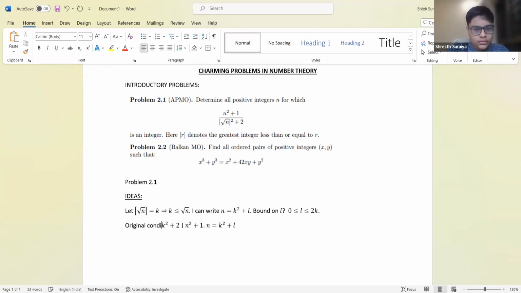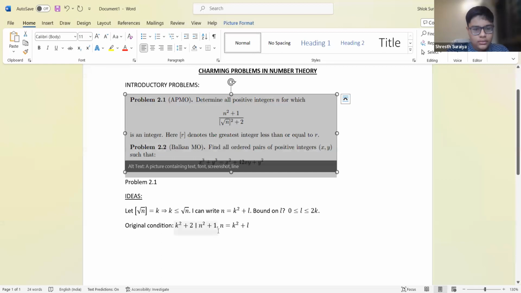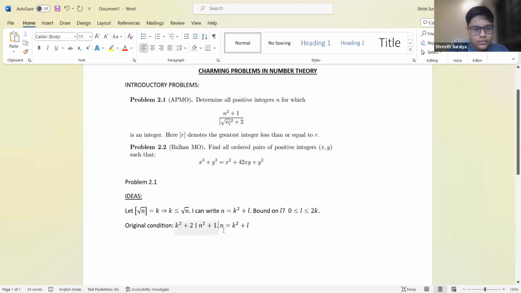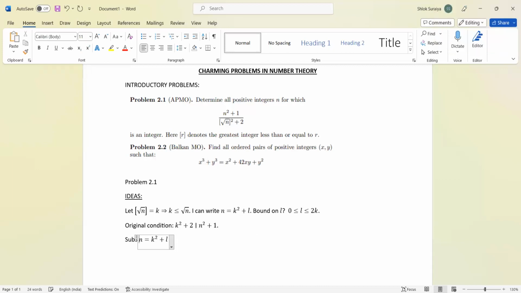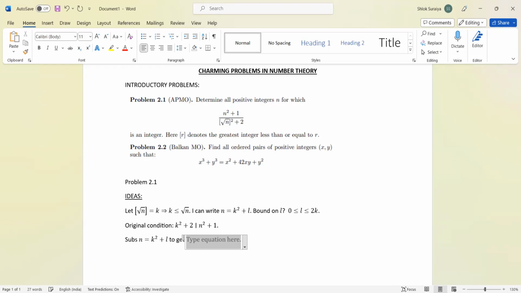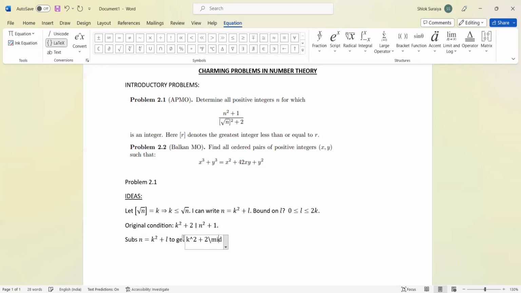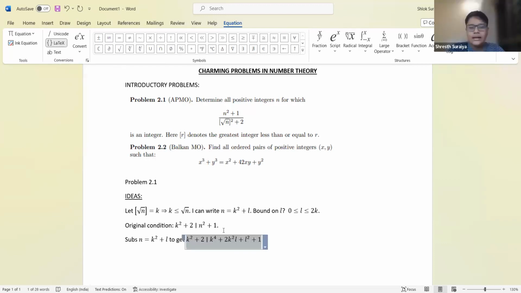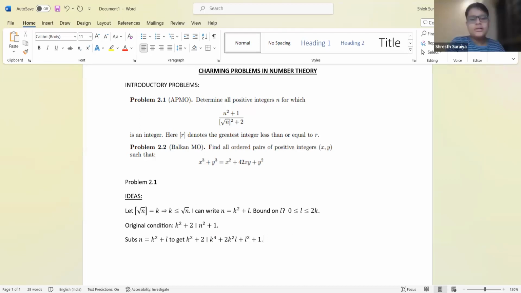So in the original condition, substitute n equal to k square plus l to get that k square plus 2 divides k to the power 4 plus 2 k square l plus l square plus 1. I substituted n as k square plus l.